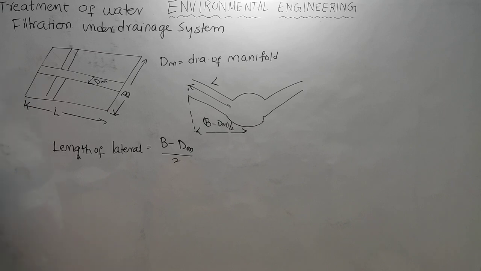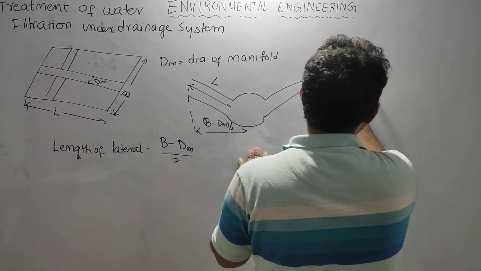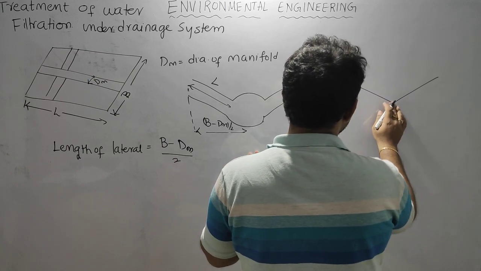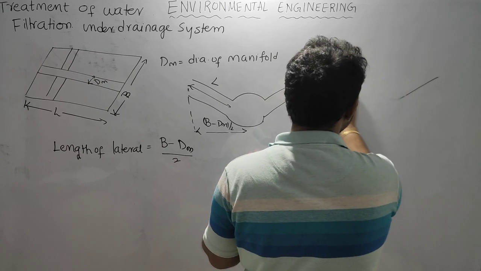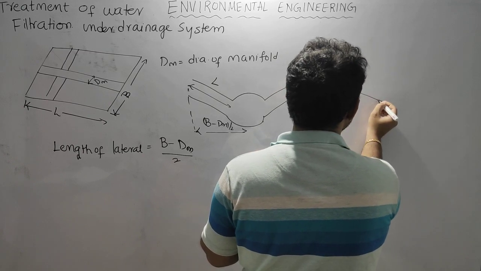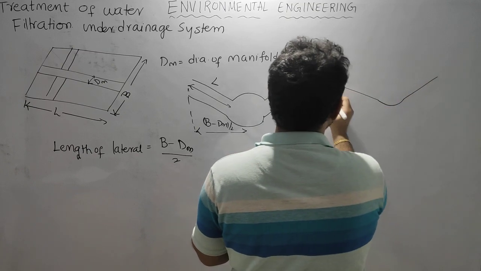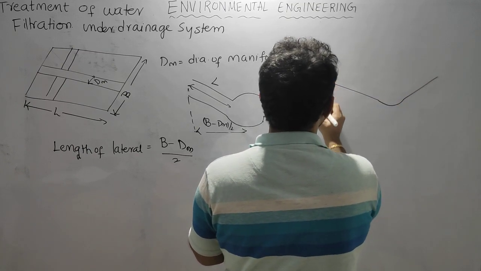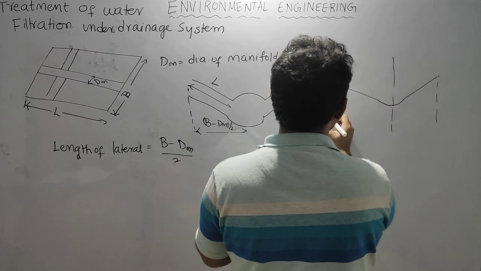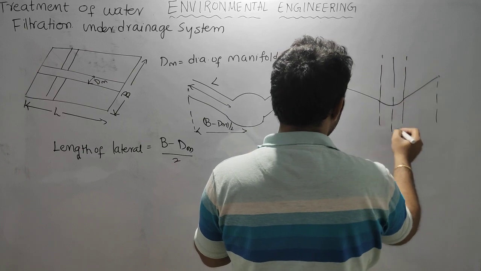If the theta is given here, for example, if I take it as a line diagram, so this is the central point, and this is the location where we are having the central drain.